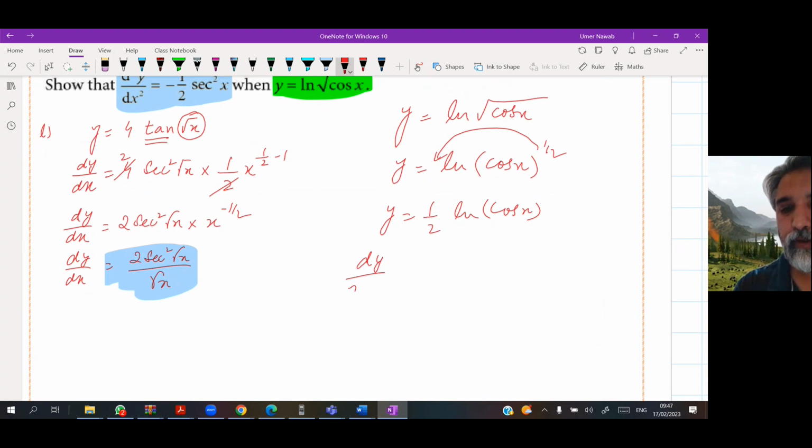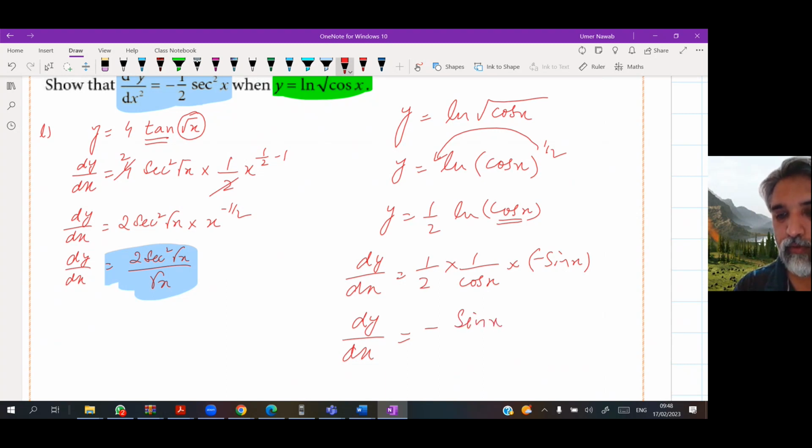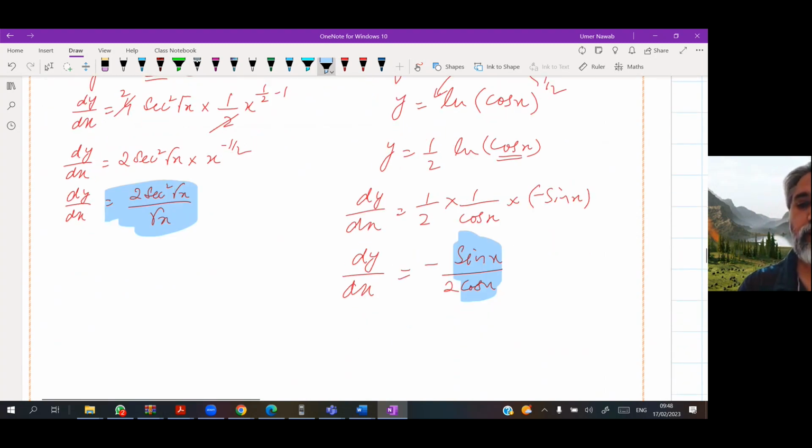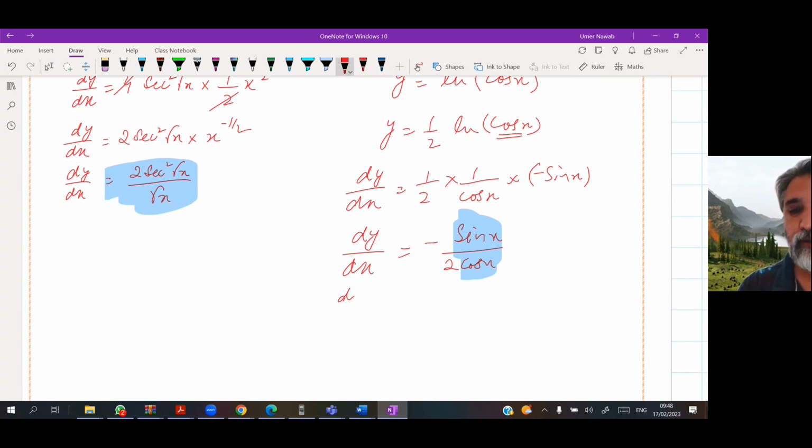Taking the derivative, dy by dx, 1 over 2. Reciprocate your argument, 1 over cosine of x. Further derivative of cosine of x is minus sine of x. So I'm going to write dy by dx as minus sine of x over 2 cosine of x. You remember that sine x over cosine of x is tan of x. So dy by dx is equals to minus half tan of x.